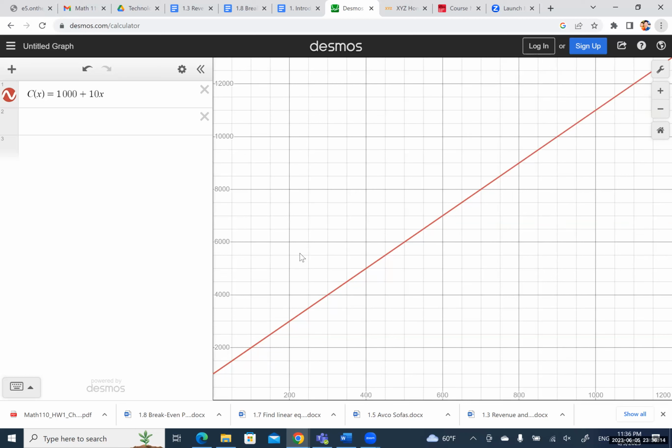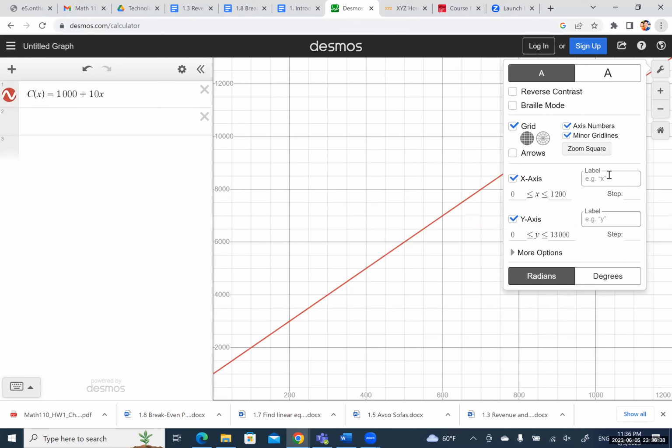Okay, so the graph starting from 1,000, which is a fixed cost. This is a function, the function of the fixed cost, right? So let's label something. Labels: x is going to be the items, x number of items.